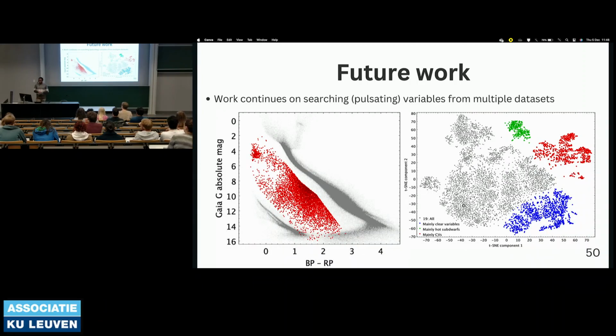So this result is just to facilitate the detection of CVs and separate them from other classes without using spectroscopic data. But research for CVs, I'm not really working on this kind of study. All right. Yeah.